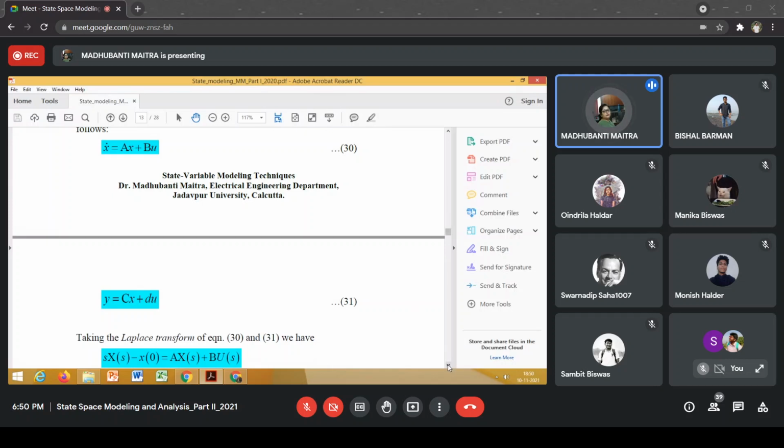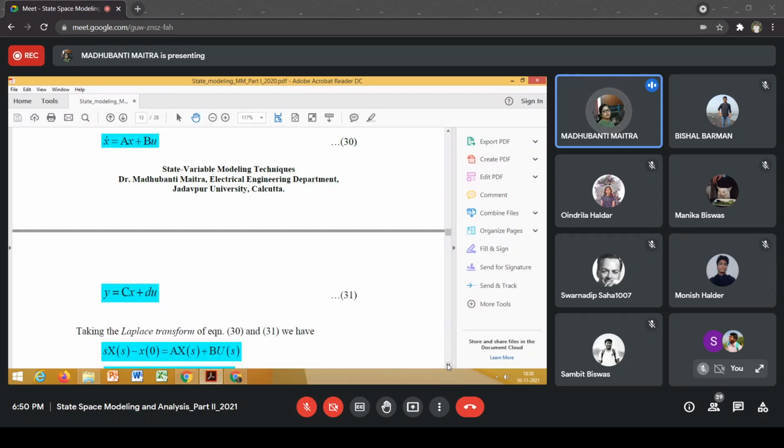Now, let us consider the state equation x dot is equal to Ax plus Bu. If we take the Laplace transform of this equation, we'll get sX(s) minus x(0), the initial condition, will be equal to AX(s) plus BU(s), right? Since now we are considering the variables in the transform domain, we have used capital letters.